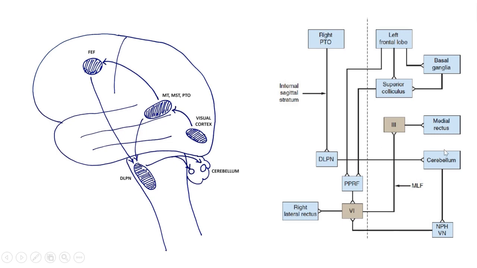There is double crossing of information, and eventually the same side PPRF is stimulated. In other words, if my right PTO is stimulated, I will end up looking towards the right side. So if Cindy is walking away towards my left side, my left PTO will be taking care of the left-sided movements. The same side movements are taken care of by the same hemisphere in smooth pursuit.